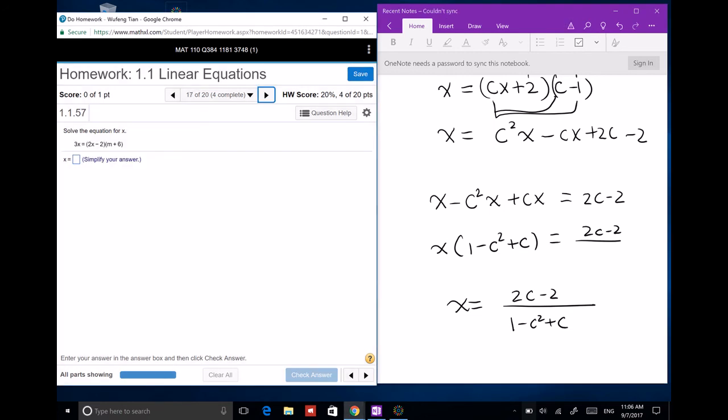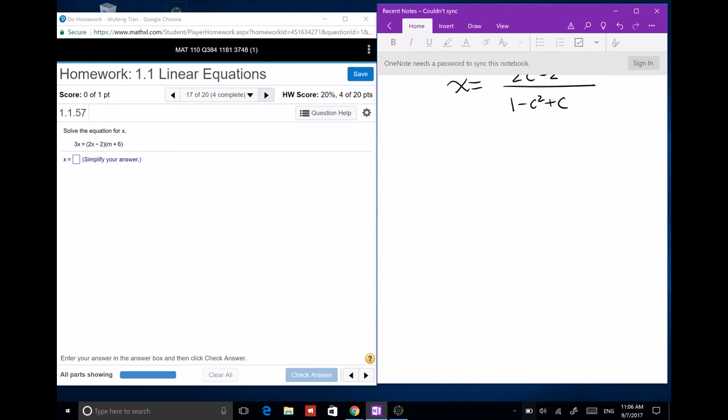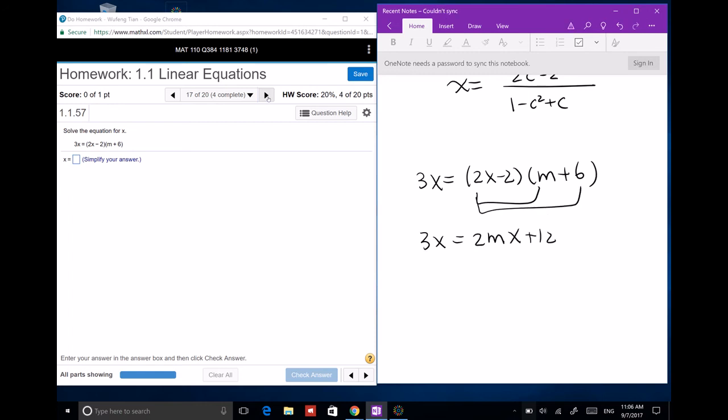Number 17. Solve for x. You need to FOIL the right side, (2x minus 2)(m plus 6). Front: 3x equals 2mx. Then front, outside: 2 times 6, 12x; inside, minus 2m; and last, minus 12.